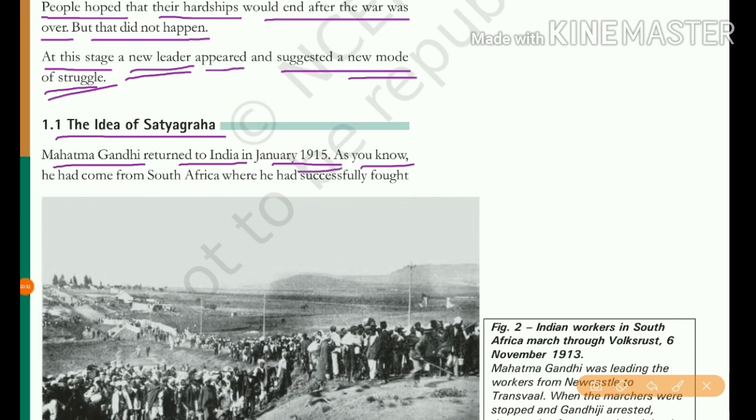As you know, he had come from South Africa, where he had successfully fought against the racist regime. Racist regime means discrimination based on race, between blacks and whites. Against this, Mahatma Gandhi fought, using a new mode of struggle, Satyagraha.